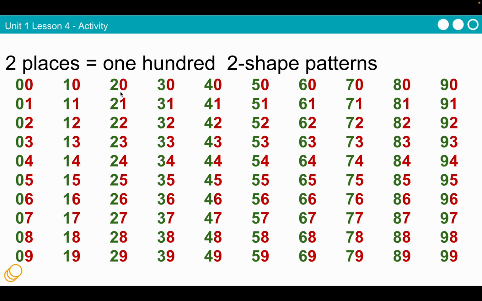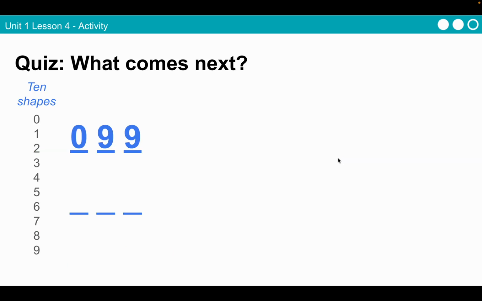I'm going to have to bump up my tens place. So now I'm at 20. All the way up through 29. Now I've got to bump up to get 30, etc. Okay. So quiz, if I get into 99, what's going to come next? And hopefully you understand that the answer is 100.